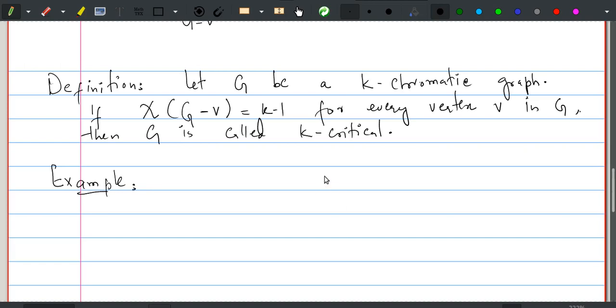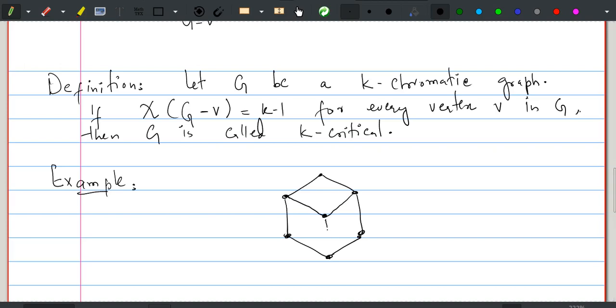So suppose we have a graph like this. So this is 4 critical.